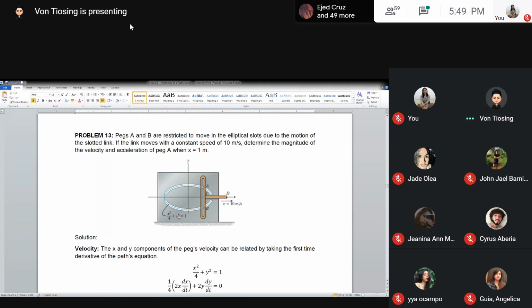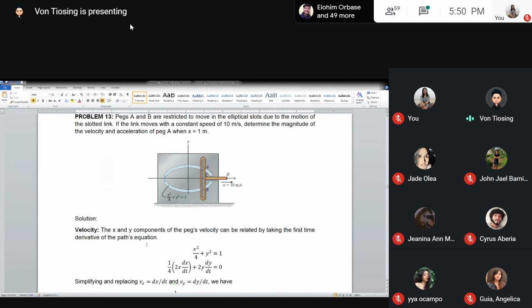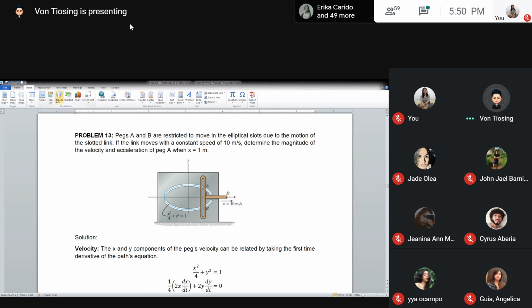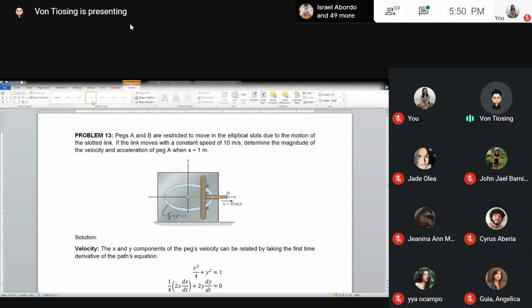Okay. So, if you remember sa geometry, since ang denominator niya ay 4, get the square root of that. So that is 2. So yun yung length ng semi-major axis. So ito yun. Lagyan ko lang ng line, no. Kikita no. So tapangan ko lang yan.